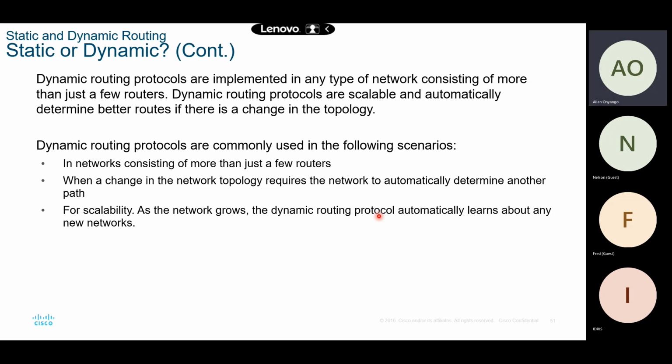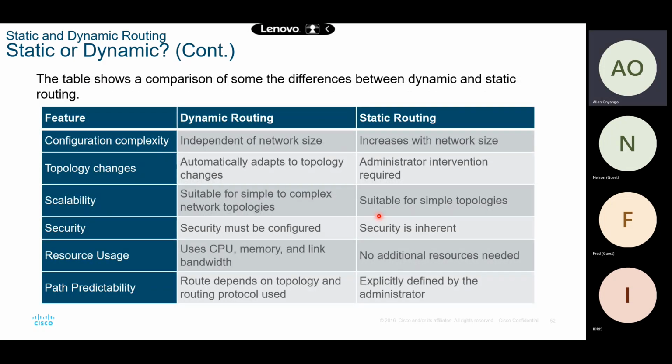Dynamic routing protocols can accommodate as many routers as possible, which is again very important for us to note. Therefore, it is important that we compare the two: is it a static route or a dynamic route?